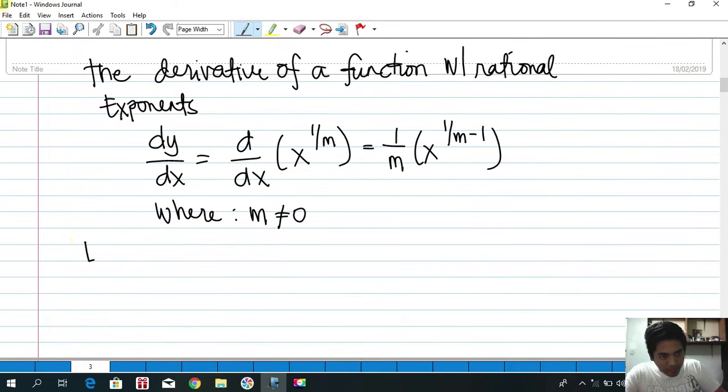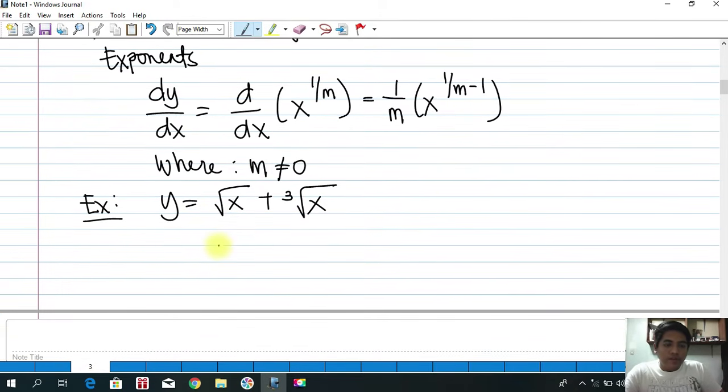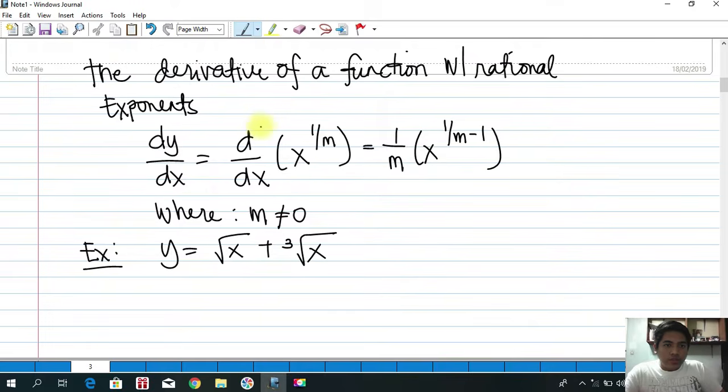So for our example, we have here y is equal to square root of x plus the cube root of x. So find the derivative of this function using this formula for functions with rational exponents.